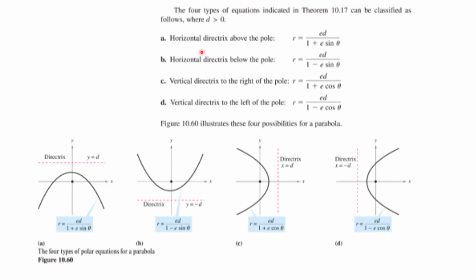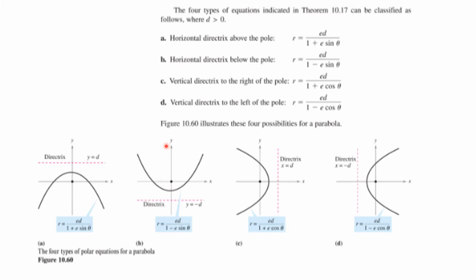If we have a horizontal directrix above the pole, then this is the form r = ed/(1 + e sin θ), and we can see that here. If we have a horizontal directrix below the pole, we get r = ed/(1 − e sin θ).